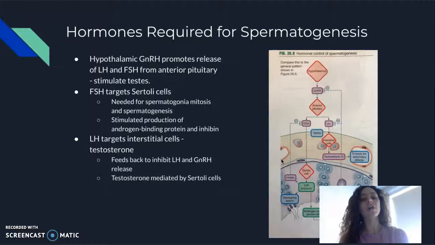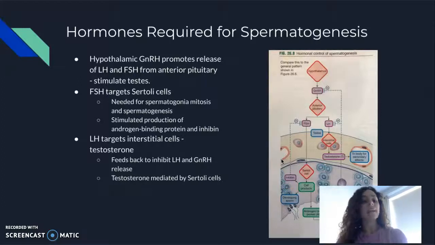So now we're going to talk about the hormones that are required for spermatogenesis. Hypothalamic GnRH promotes release of LH and FSH from the anterior pituitary, and this stimulates the testes. FSH targets Sertoli cells, and this is needed for spermatogonia mitosis and spermatogenesis, and stimulates production of androgen binding protein and inhibin.